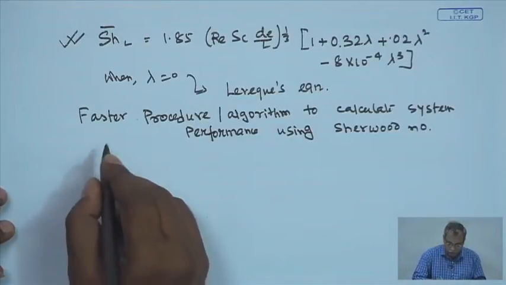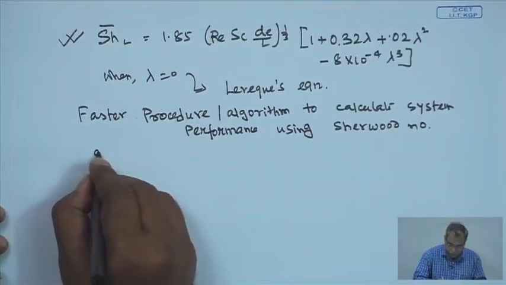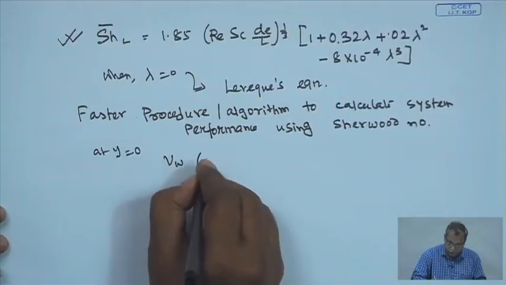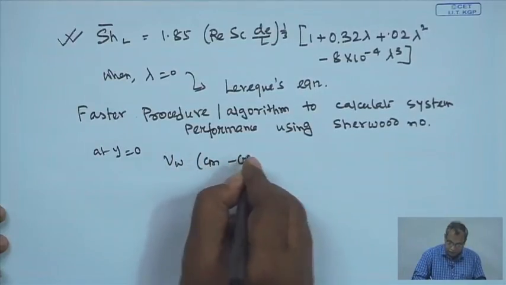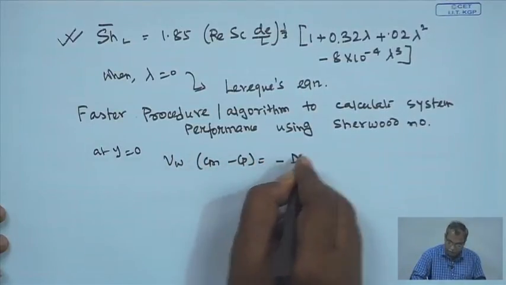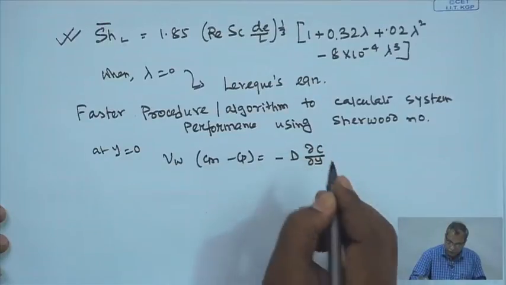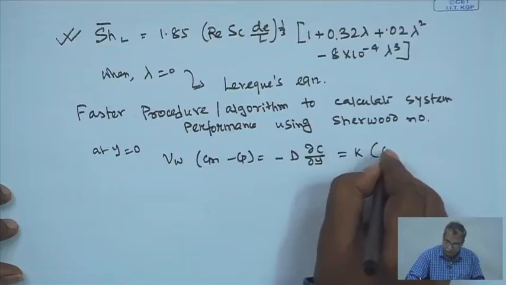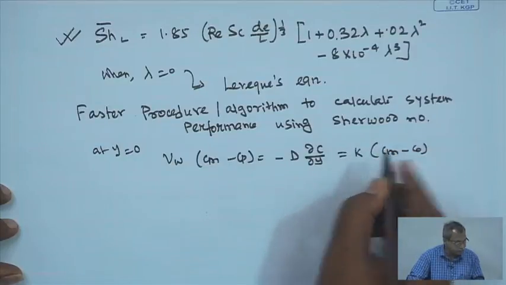So, if you look into the boundary conditions at y equal to 0, we had Vw (Cm minus Cp) is equal to minus D del C del y, and at the same point we have the definition of mass transfer coefficient as k times (Cm minus C0).